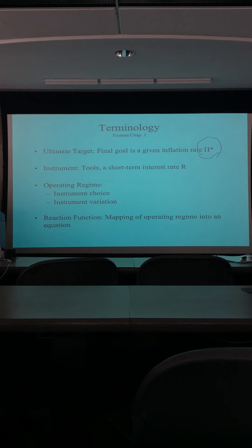The next issue is, how do we get there? Suppose the inflation rate is above the target. What policy tools do we use? Well, the framework that we're going to use is one that has something called an instrument. So we have target, and we have instrument. The instrument is the interest rate. And so what we have in here is a central bank moving the interest rate up and down so as to attain the target rate.